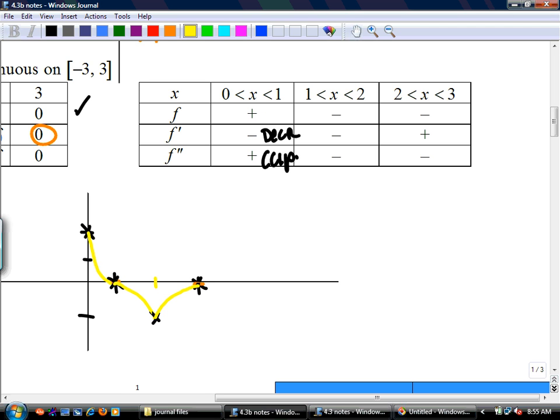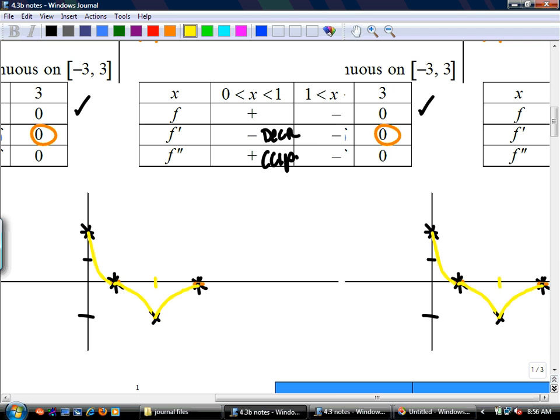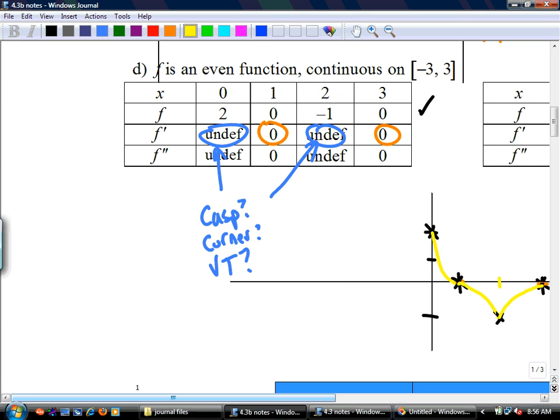What does even mean? We talk about even. Symmetrical about the y-axis. Make this function symmetrical about the y-axis. Take the graph and reflect it. Ah, those were cusps, you silly rabbit.